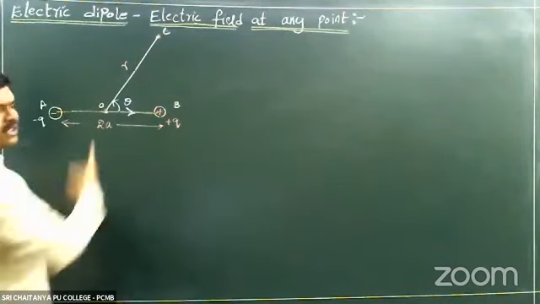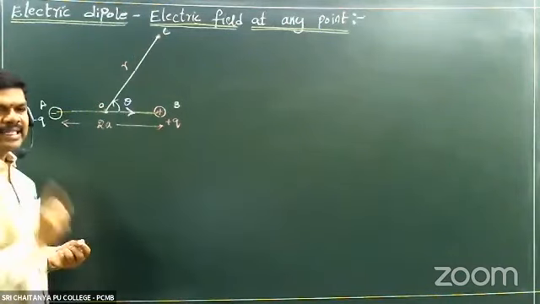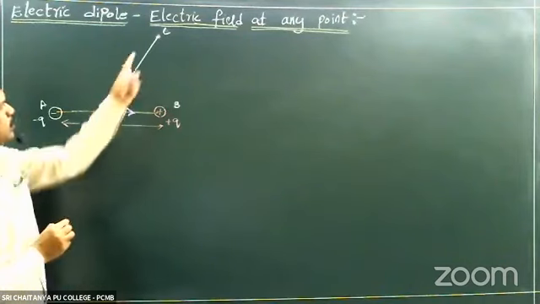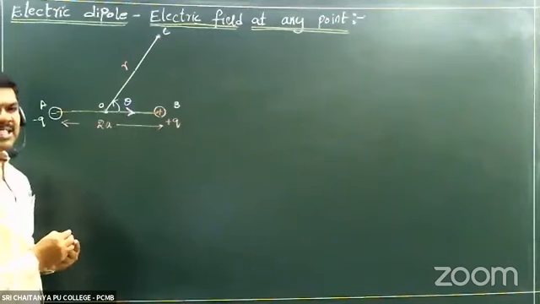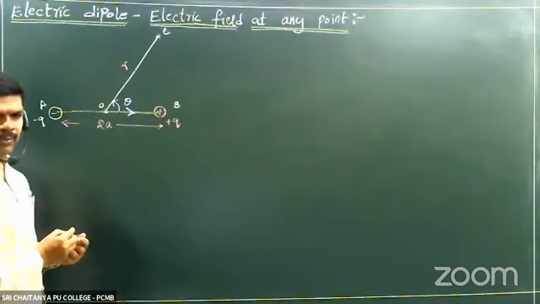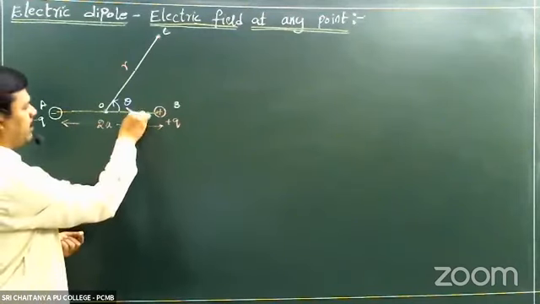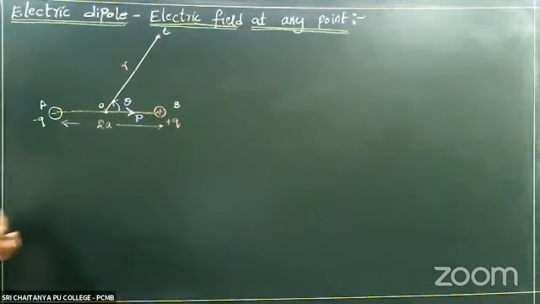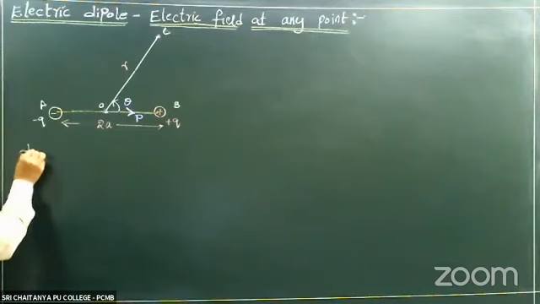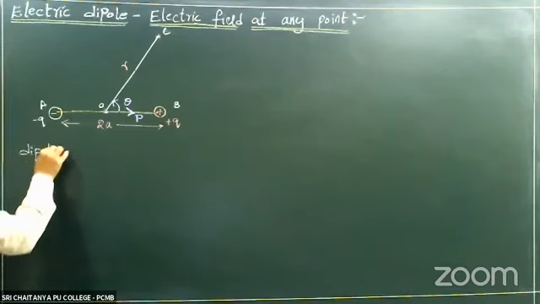At this point, what is the field intensity? Our aim is to find the field intensity at this point due to this dipole, right? The dipole moment is in this direction, from negative to positive. So what is the dipole moment here?